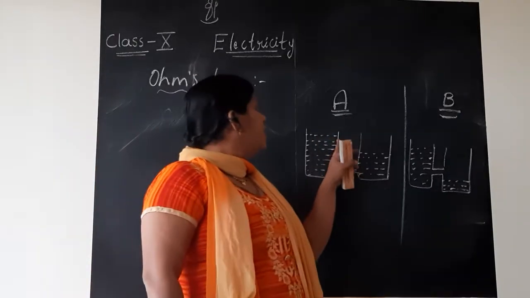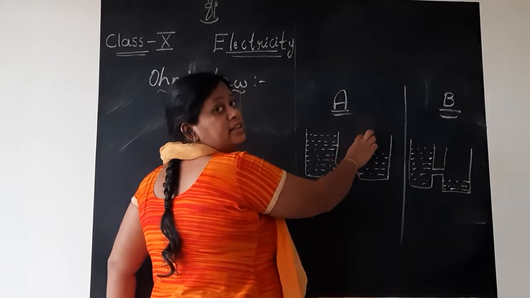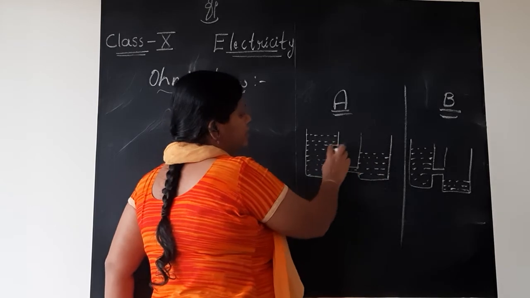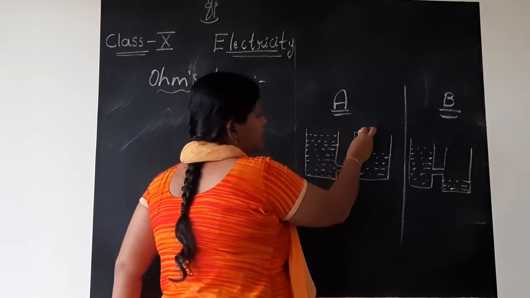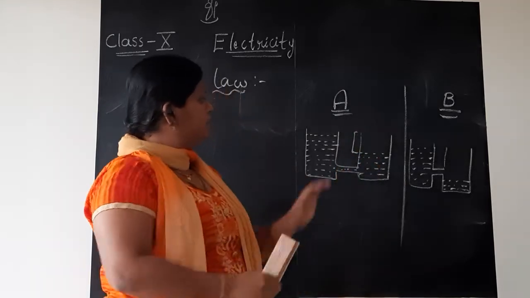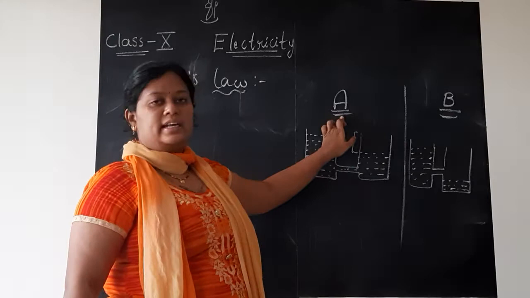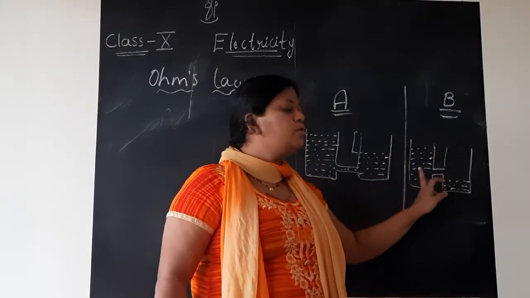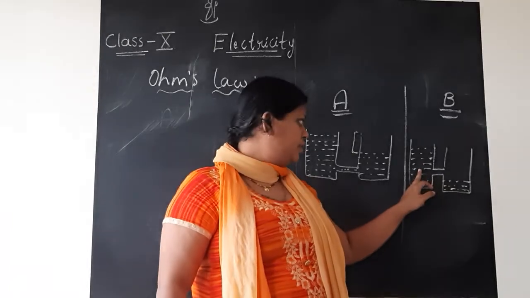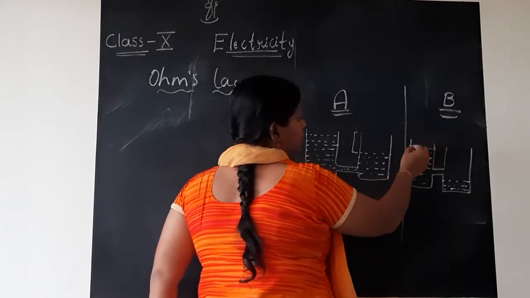That is correct. Now, the difference in the water level in these two beakers is this much. This much difference is there in the water level in both the beakers in case A. Similarly, when you look at case B, here also two beakers are there which are filled with water. In the first beaker, the water is up to this level.